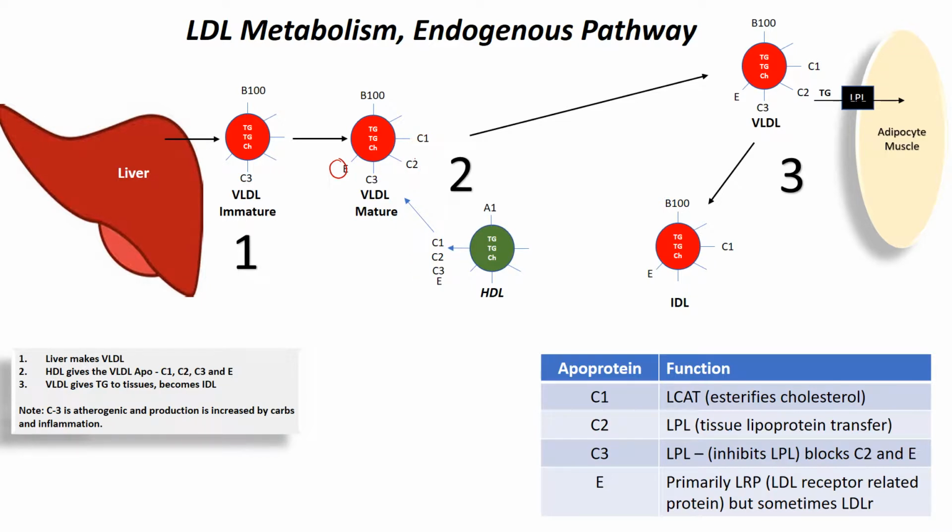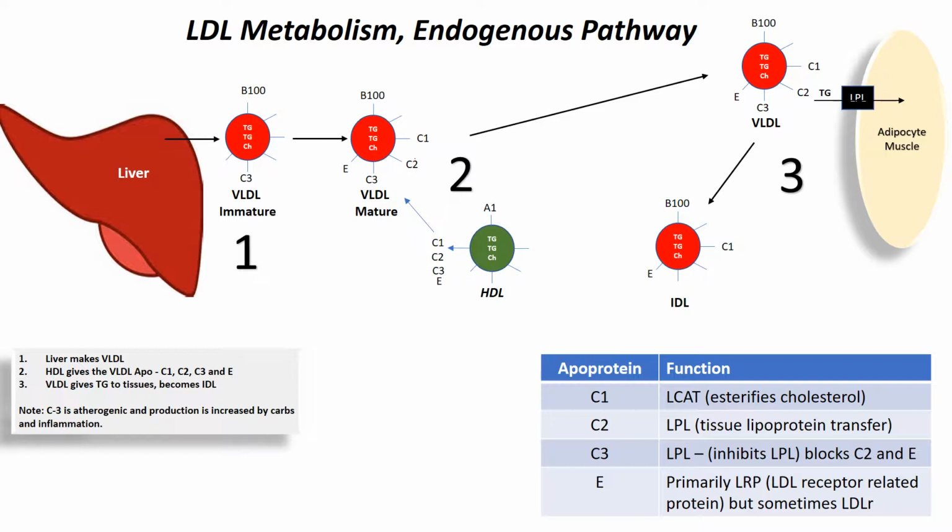And that's what makes it a mature VLDL. Now that VLDL can go out to the body tissues. And just like the chylomicron, this should look really, really similar. It uses the ApoC2 to interact with lipoprotein lipase to give triglycerides to the tissues.